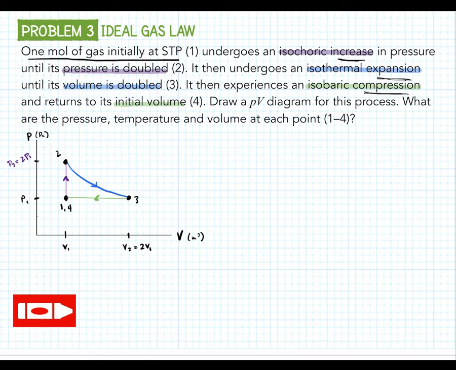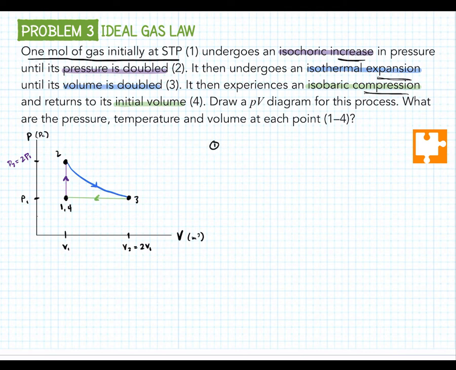So to put in some numbers, we have to start with what we know, and we're going back to this 1 mole of gas at STP. So the 1 mole of gas at STP gives us our initial conditions. So that means we know that our pressure 1 is going to be 101 times 10 to the 3rd pascals, right? Because that is standard temperature and pressure, and we know our temperature is equal to 273 Kelvin because STP, so that's temperature 1.